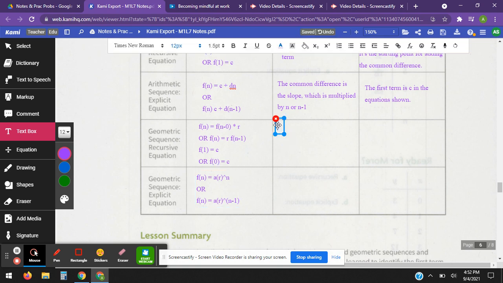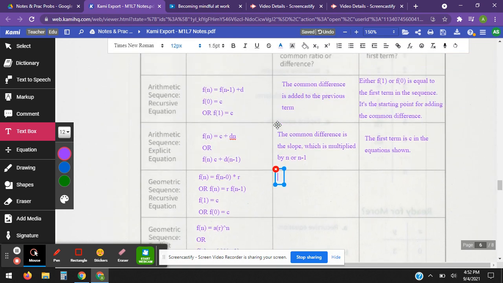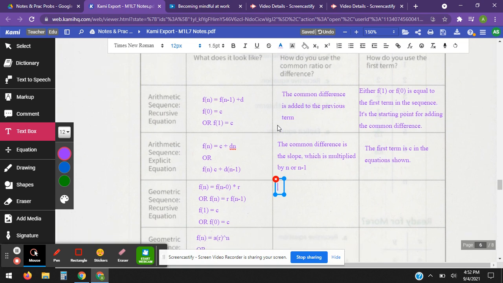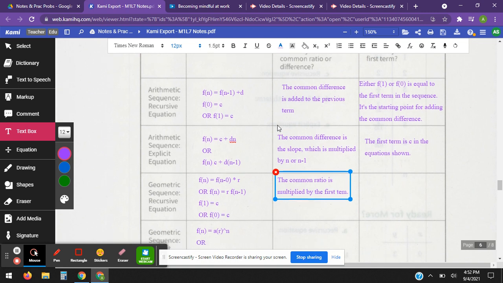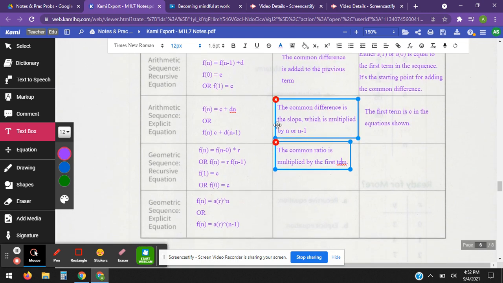Okay, so the question on this guy was, how do you use the common ratio or difference? So the common ratio is multiplied by the first term. Okay? And that's what we've done here.